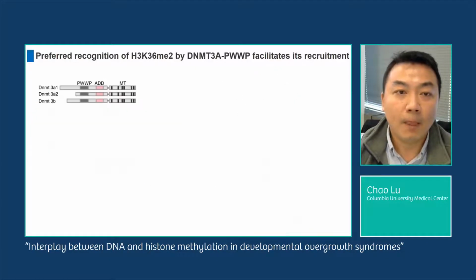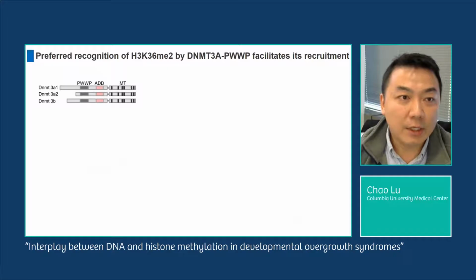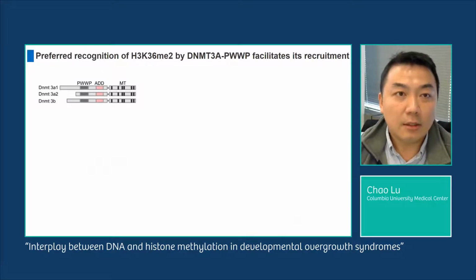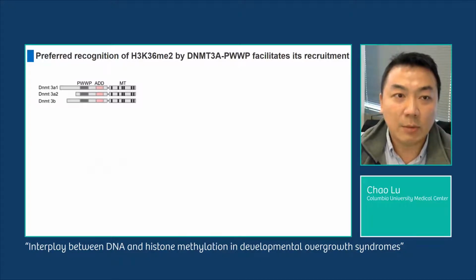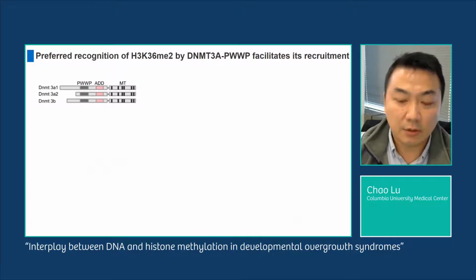So mechanistically, we showed that the underlying basis for the preferential DNMT3A recruitment by H3K36 dimethylation is through its PWWP domain. This domain is common to both DNMT3A and DNMT3B and has been previously implicated in the interaction with H3K36 methylation.